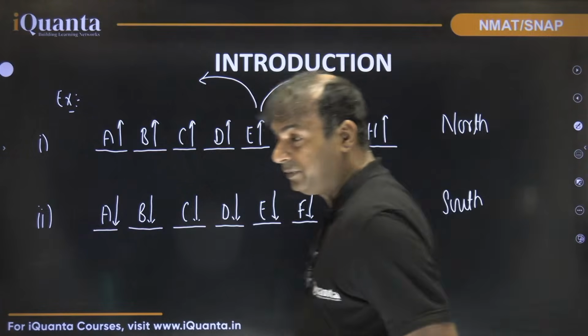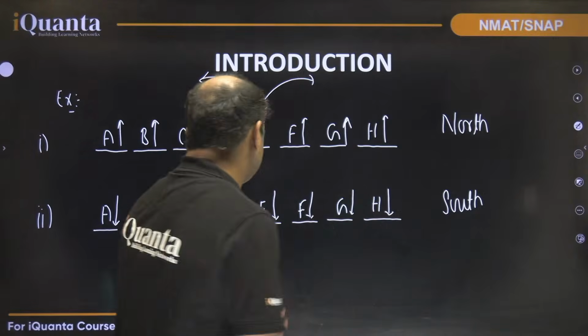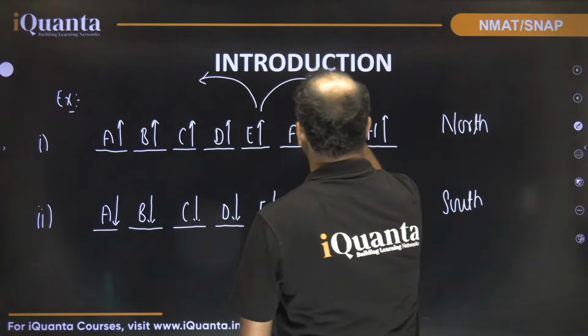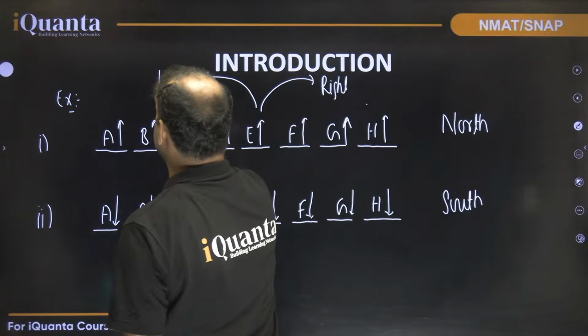You can tell me via the chat. Anyone, would you like to tell me about this? F, yes, very obvious, right? If we are sitting at the place of E, then our right side should be F, okay? And our left must be D, obviously, right?